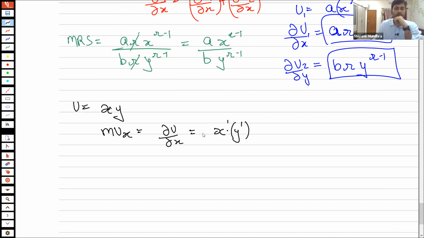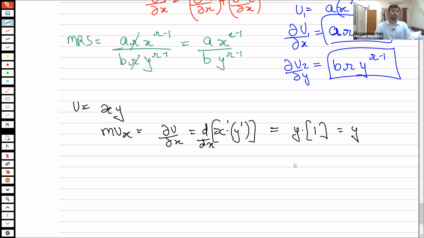Y to the power 1 is a constant multiplied, so it remains as it is, and the differentiation of x to the power 1, as I've already seen, is 1. So this is just y. So the marginal utility of good x is y, which is basically constant with respect to x.